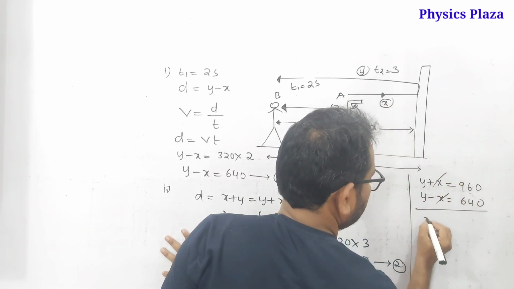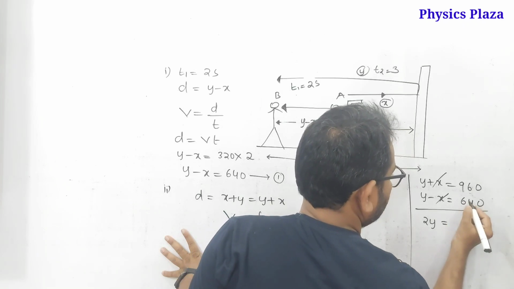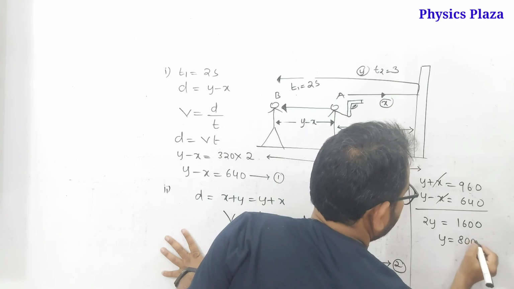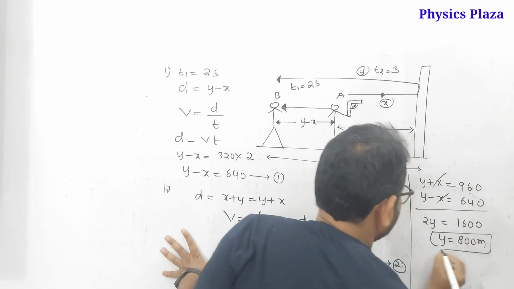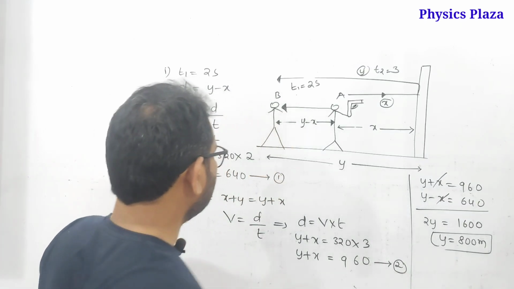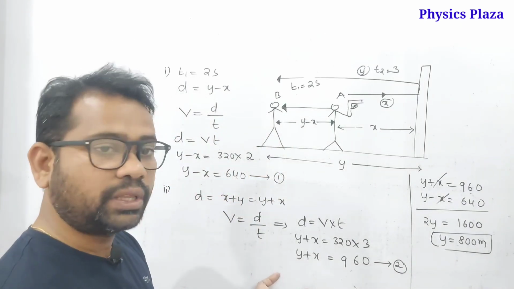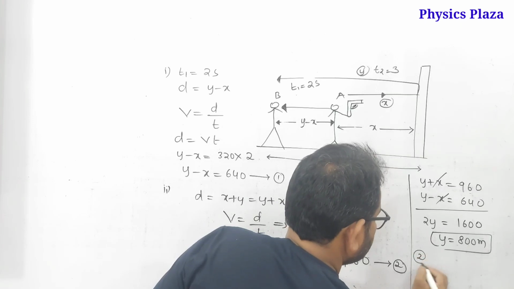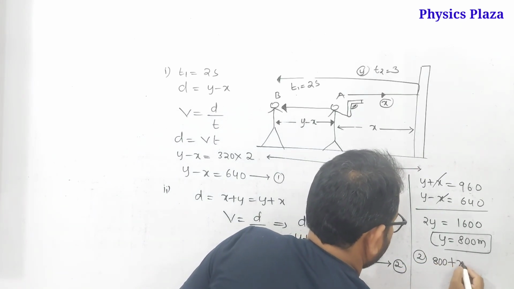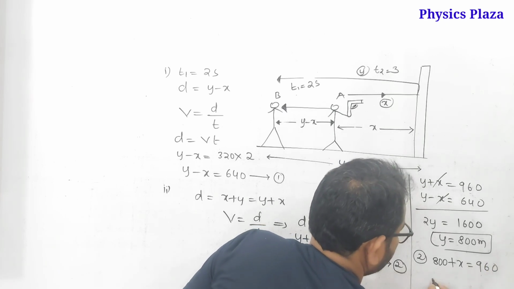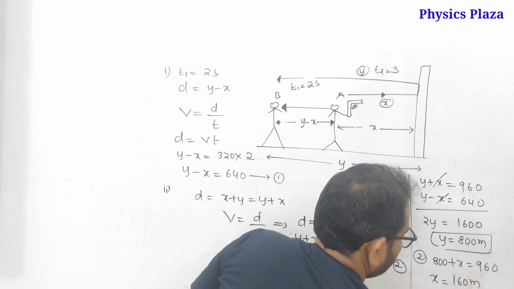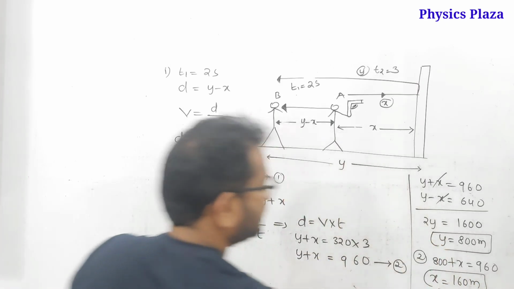So x cancels, 2y is equal to 1600, so y is equal to 800 meters. Person B is standing 800 meters from the cliff. Now you can substitute this value in either equation 1 or equation 2. From the second equation, in place of y, 800 plus x is equal to 960. Then x is equal to 960 minus 800, which is 160 meters. So this is the x value and y value.